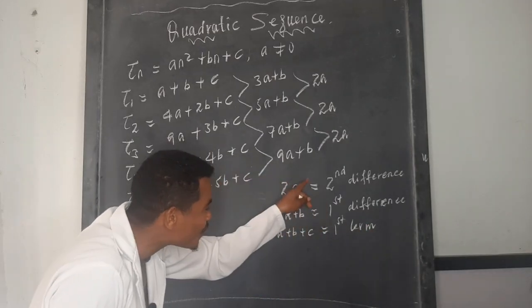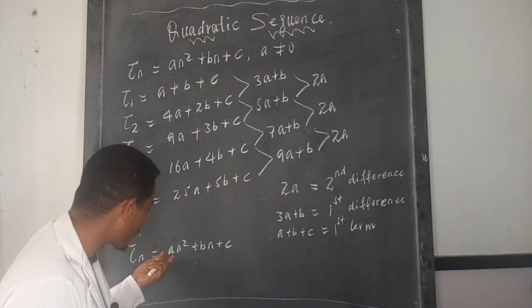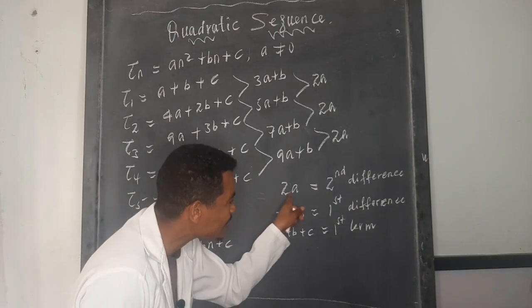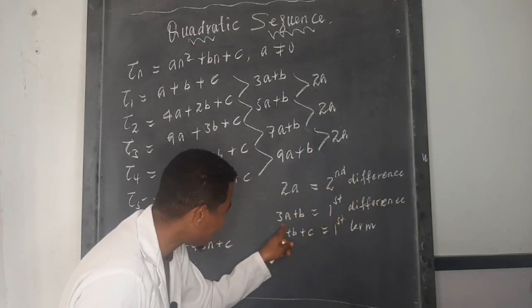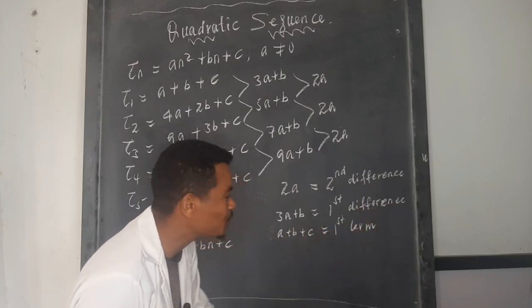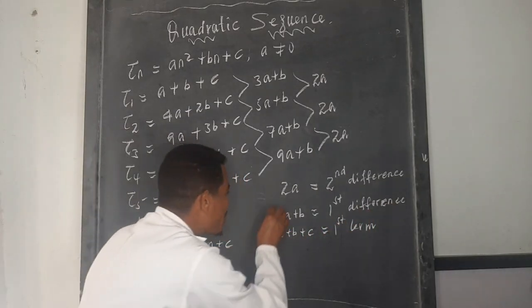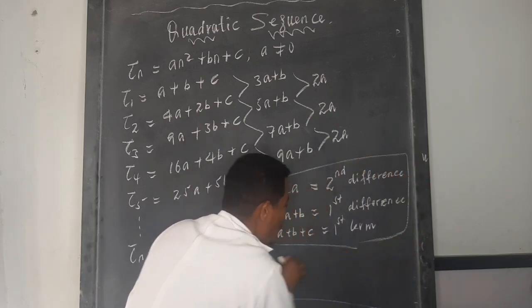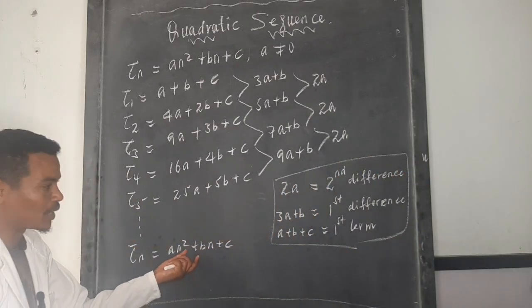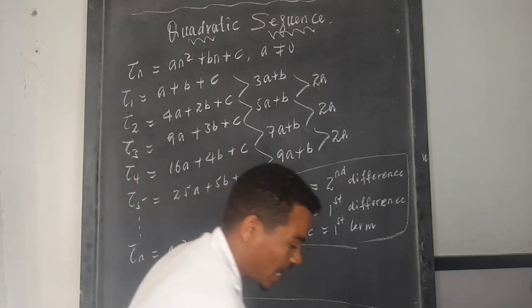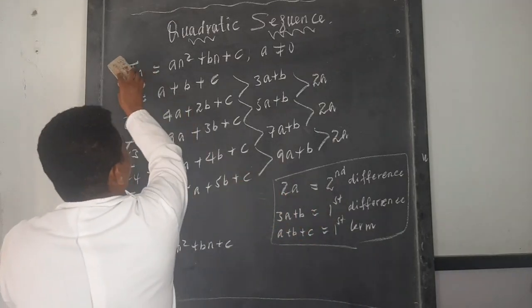This is the basic formula that we use for finding the coefficients a, b, c. To find them, 2a is equal to the second difference, 3a plus b is equal to the first difference, a plus b plus c is equal to the first term. By using this, we can get the general formula of the quadratic sequence. So based on this, let's do an exercise.